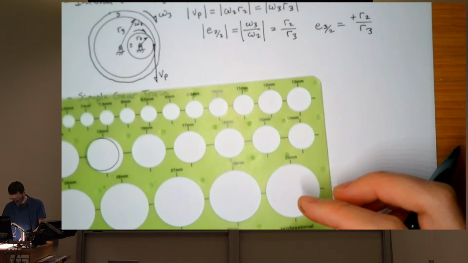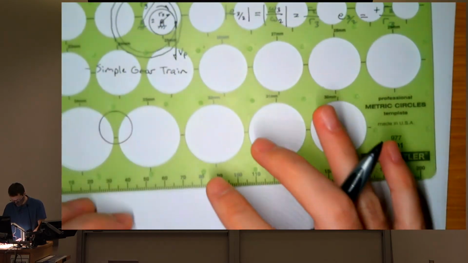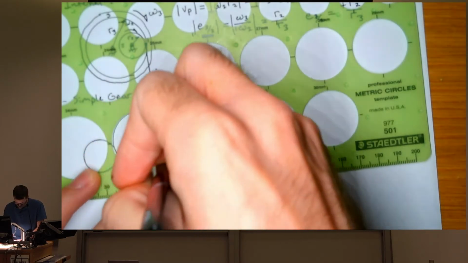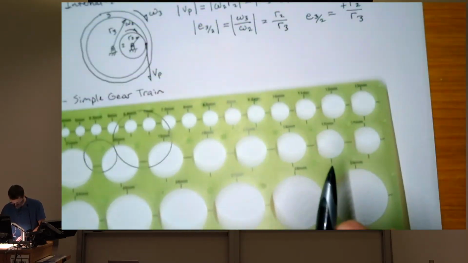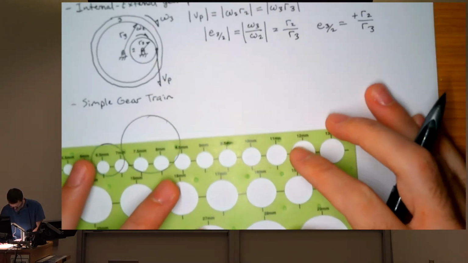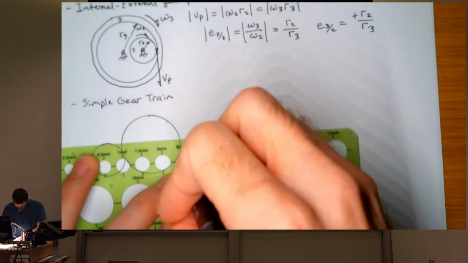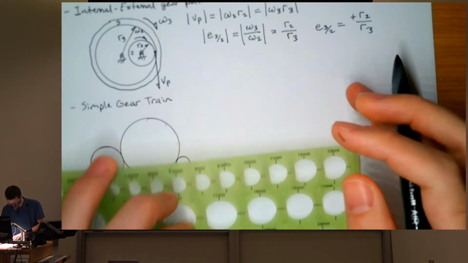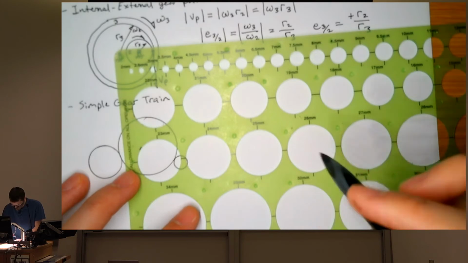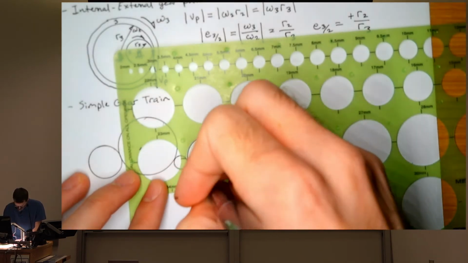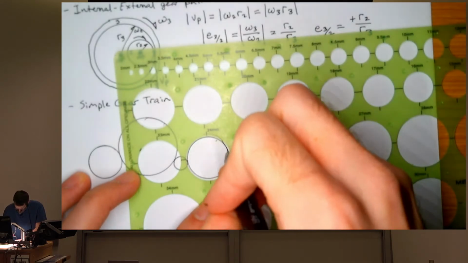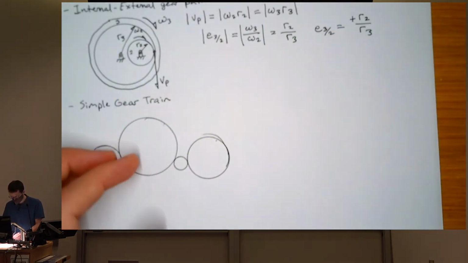So maybe there's one like that. And then there's another one like this. Maybe another one like this. And then one like that. Oops. The last one has a defect. Okay, something like that.